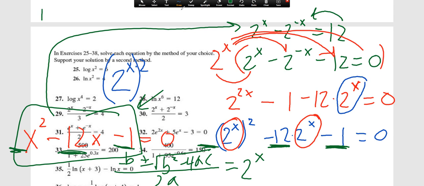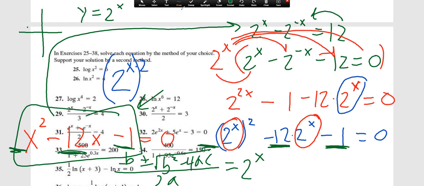What do you know about 2 to the x in terms of a graph? If I asked you to graph y equals 2 to the x, how would you graph that? Just a basic sketch. What does an exponential growth function look like? It's the kind of thing you want your money to do, right?